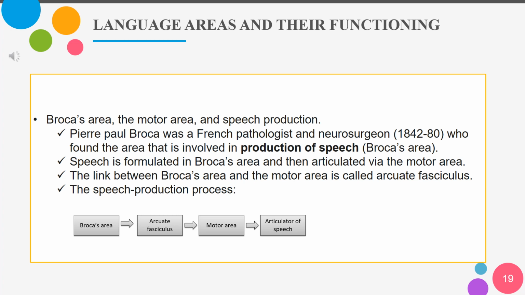The link between Broca's area and the motor area is called the arcuate fasciculus. So the speech production process would begin in Broca's area, pass through the arcuate fasciculus to the motor area, and from there to the articulators of speech for vocalization.